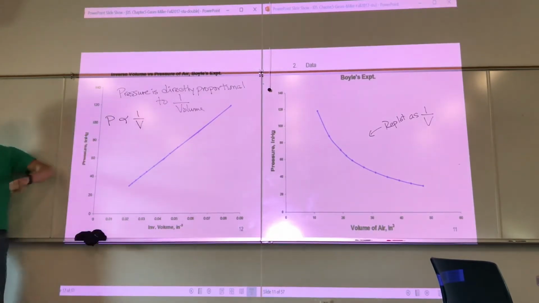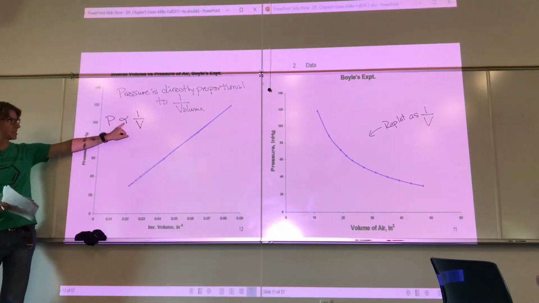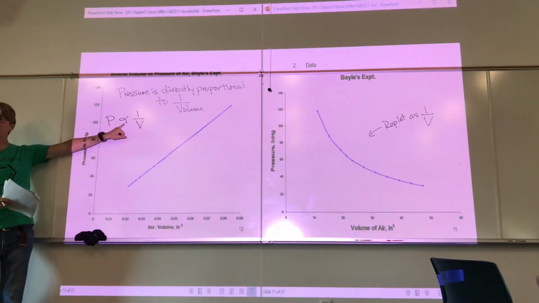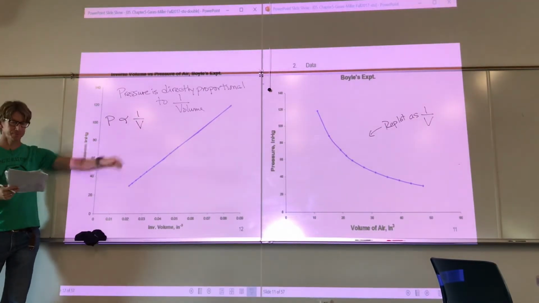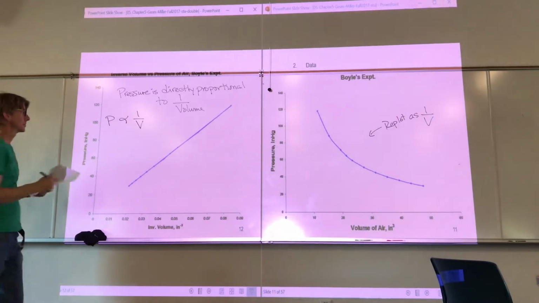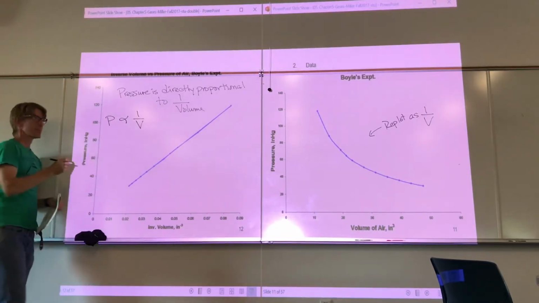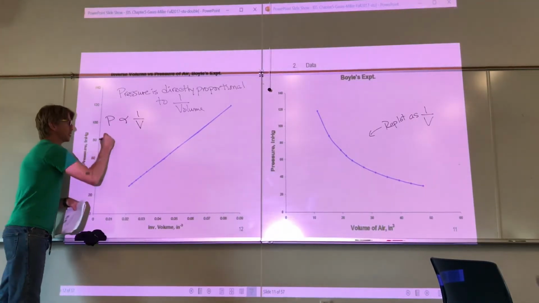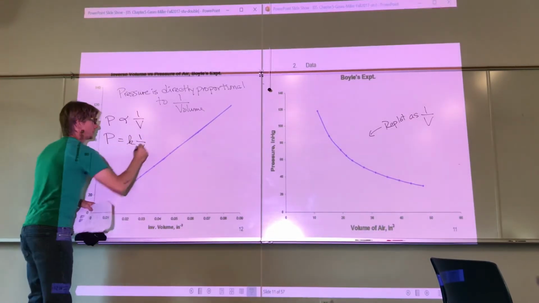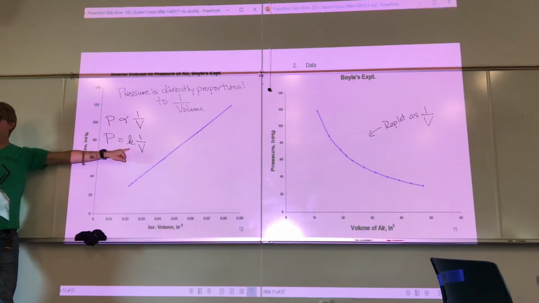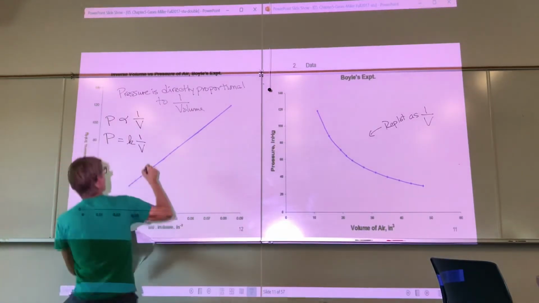We write that mathematically right here. Pressure, this is the lowercase Greek letter alpha, which means is proportional to. Pressure is proportional to 1 over volume. If two things are proportional to each other, I can insert a proportionality constant.